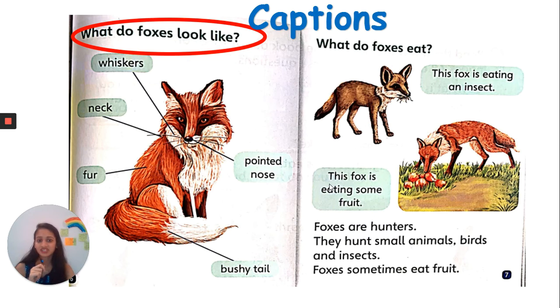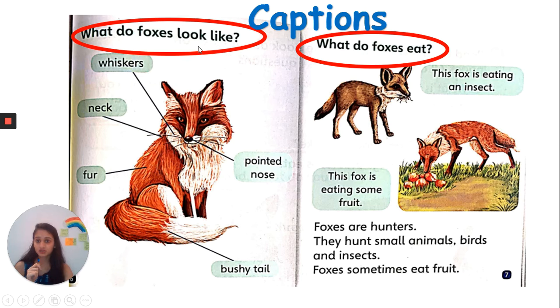That is a caption. It's going to tell us something more on that page, right? So the minute I read the caption, what do foxes look like? I know that they're going to tell me what a fox looks like. Okay, if you look at the page, they're telling you a fox is an animal that has whiskers. Oh, there's another caption. It got circled right now. What do foxes eat?